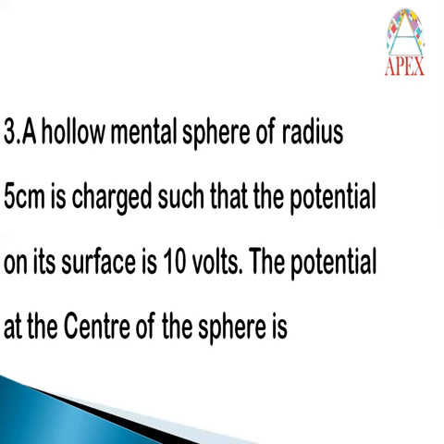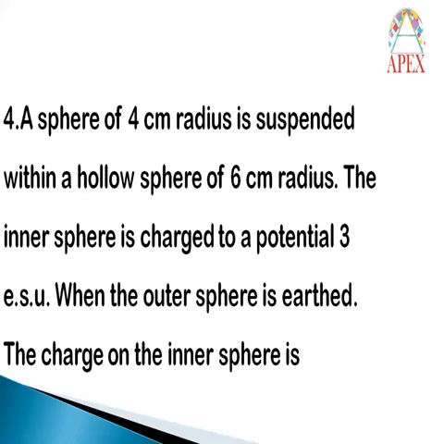So that very general formula we can use: whatever the potential is on the surface of the hollow metal sphere, the same potential it maintains at each and every point inside the metal sphere. Hence, the answer is simply 10 volts only. That means on the surface and inside the surface at every point, the potential is the same, that is 10 volt.